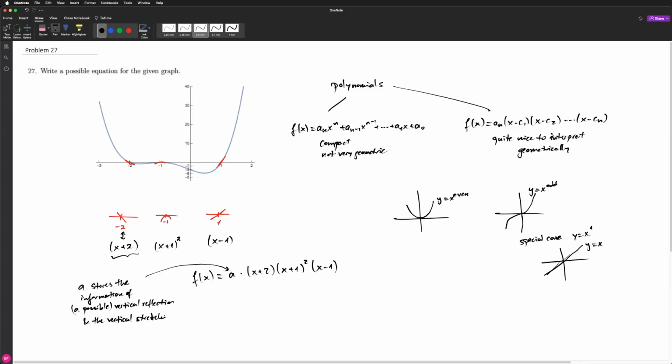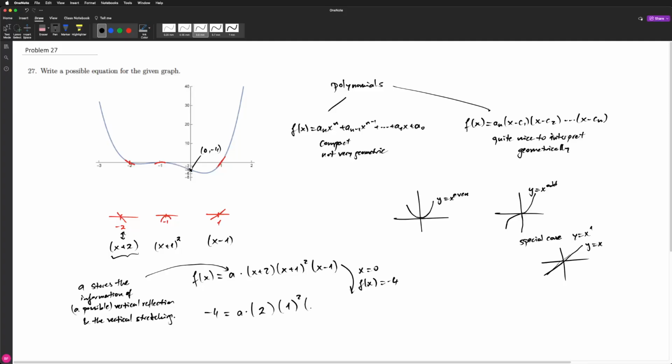And to figure out what A is, all we need is a point on the graph. I have an easy point on the graph, (0, -4). So if x is 0, f of x should be -4. So I put that information into the equation.